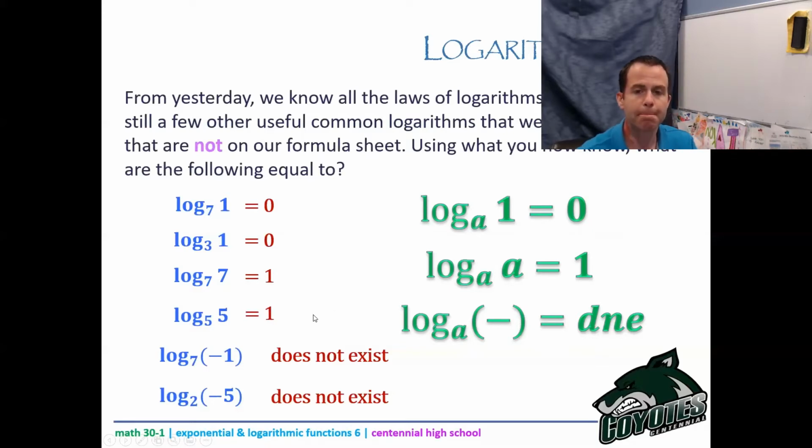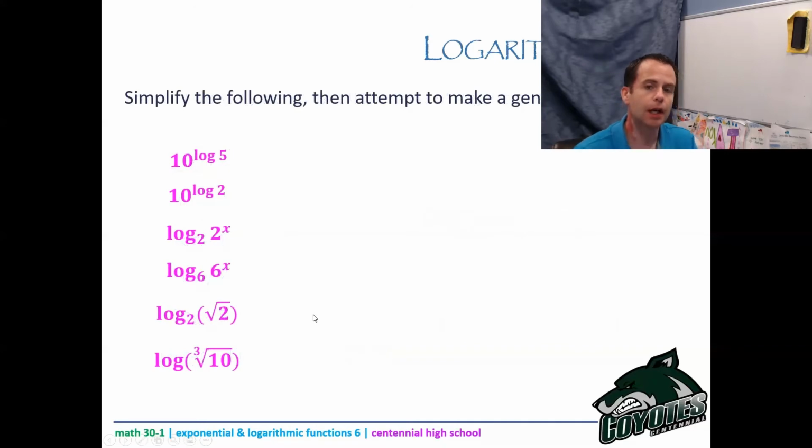Okay, next 3, go ahead, put me on pause for a second and figure these out. So we've got 10 to the exponent log 2 and 10 to the exponent log 5. I said those backwards, sorry, because I had something in the way of my slide. So this one equals 5 and this one equals 2.